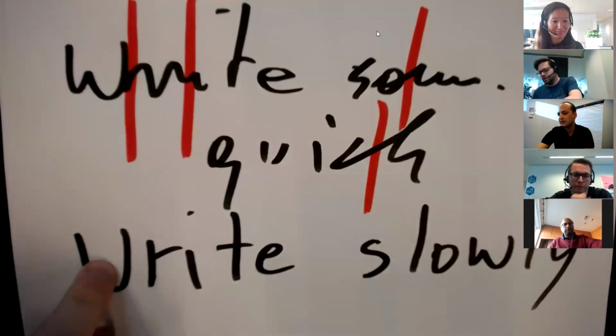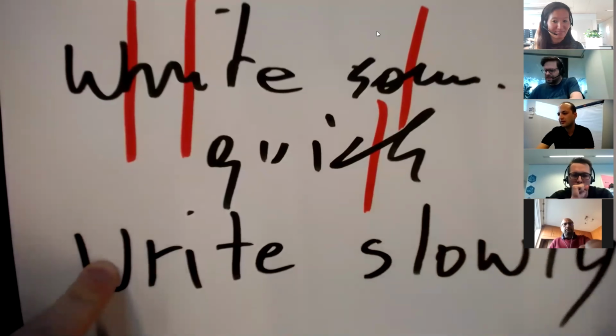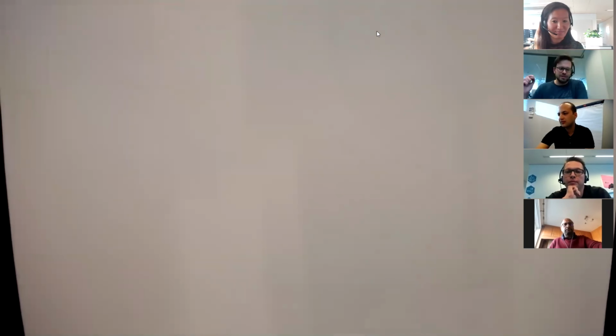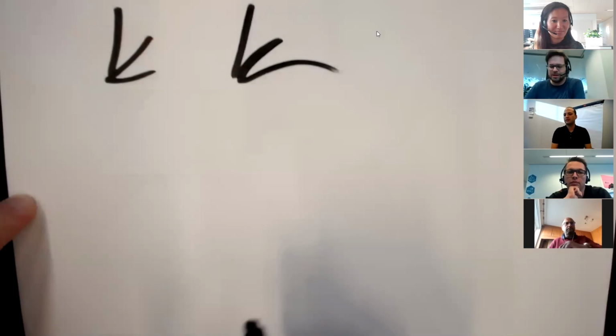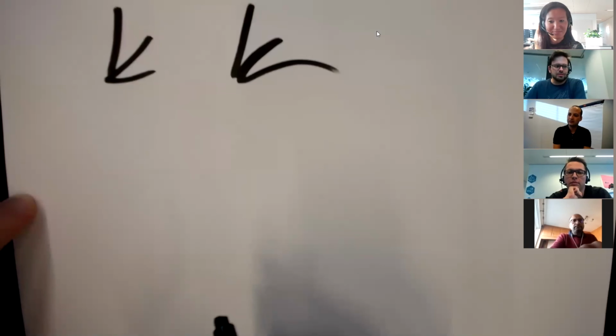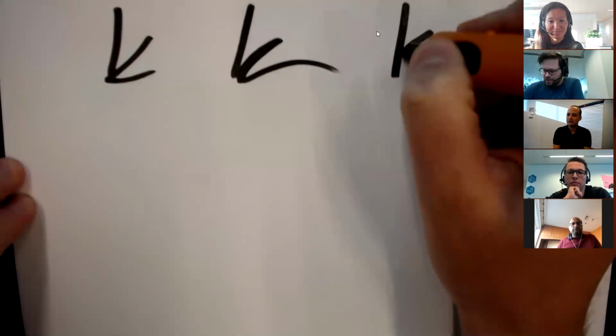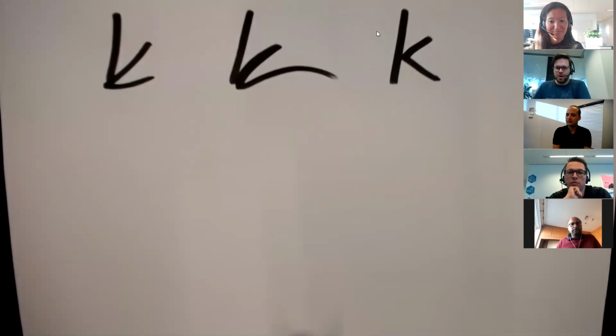And if it makes sense to practice your handwriting, so if your letter K is something like this, or you're writing K like this, it's a good idea to just practice writing it in a more readable way.